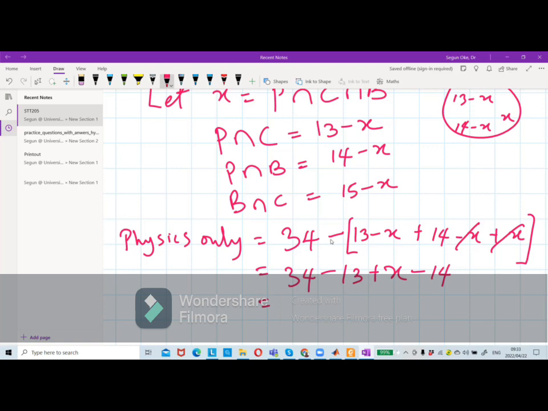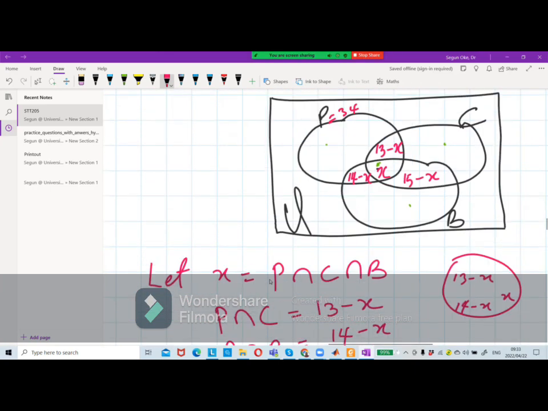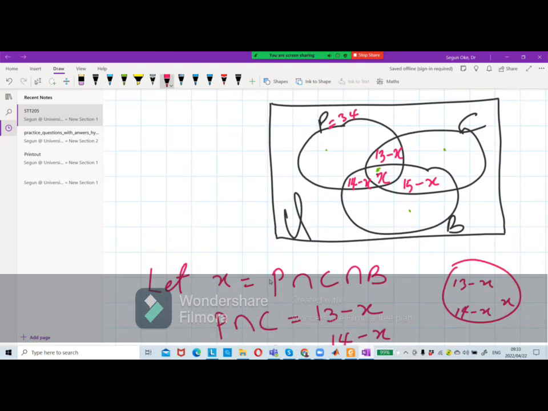So we have 34 minus 13 minus 14. It gives us 7. So our physics only will be equal to 7 plus X. So you go to the physics only side, put it there.